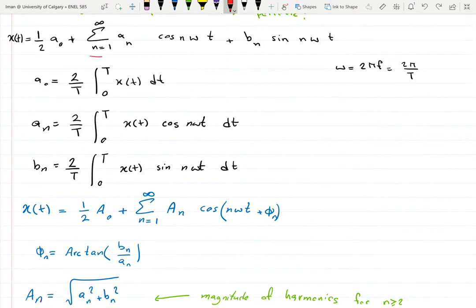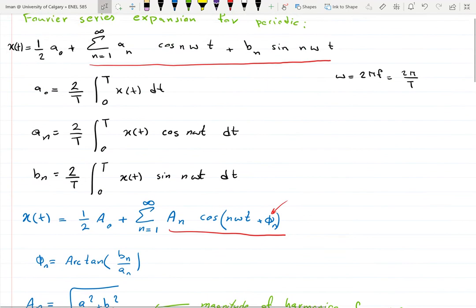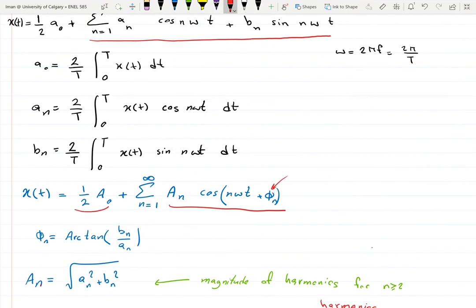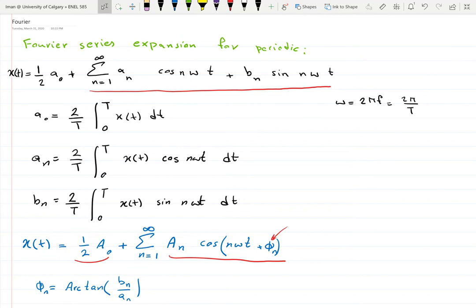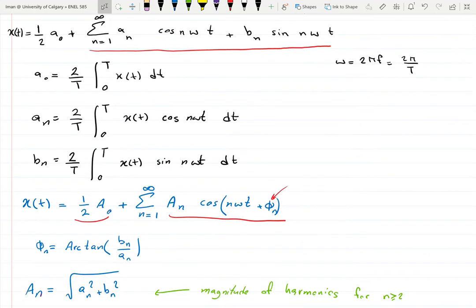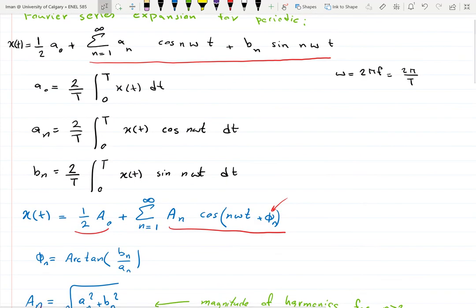If you look here, an cosine plus bn sine can be written as capital An cosine of n omega t plus some phase angle, phi n, right? And plus 1 over 2 a naught. So this is another way of representing a Fourier series of a periodic function, where capital A naught is the same as small a naught, because this is the DC component.